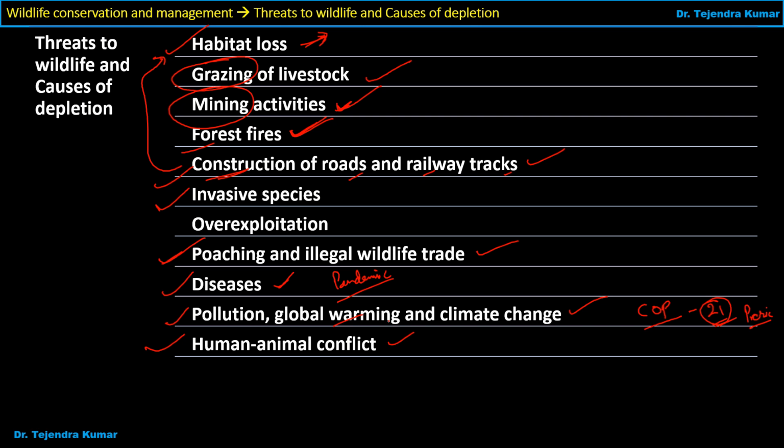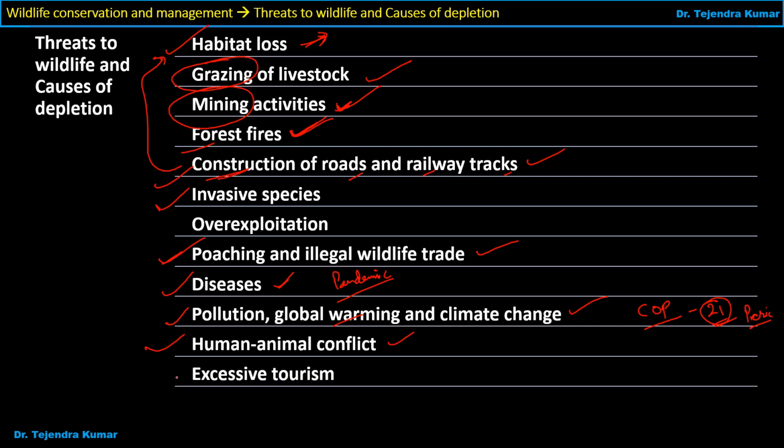But if there is resource scarcity, then they seldom come to the areas of humans, and they pick up babies or attack humans. And in return, humans kill them, and they are affecting their numbers. So this kind of conflict always happens between humans and animals. This is again a threat and a cause of depletion.